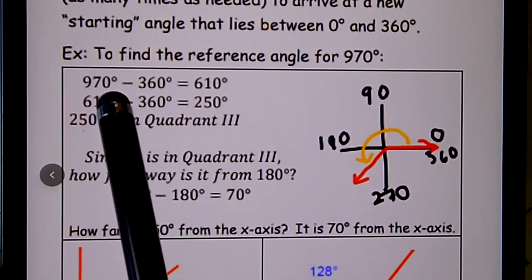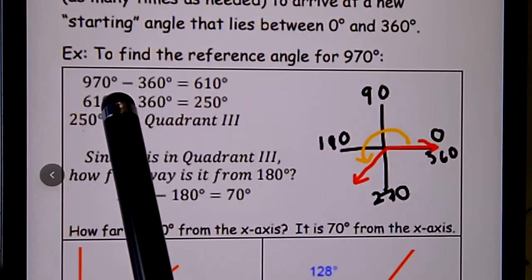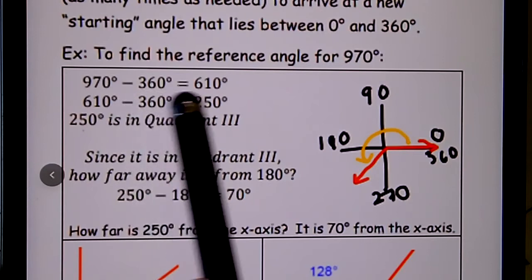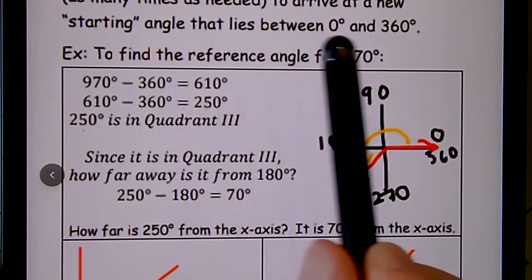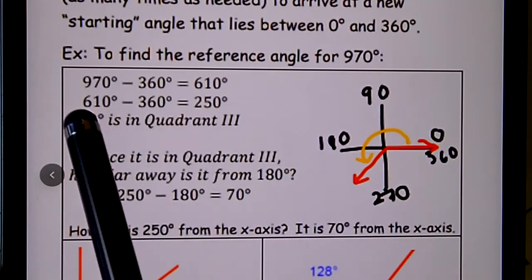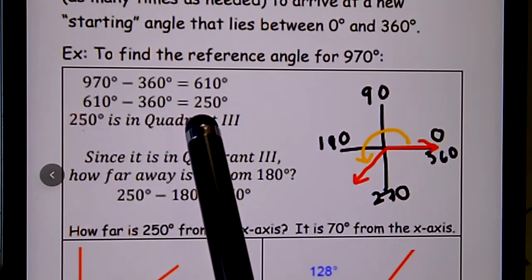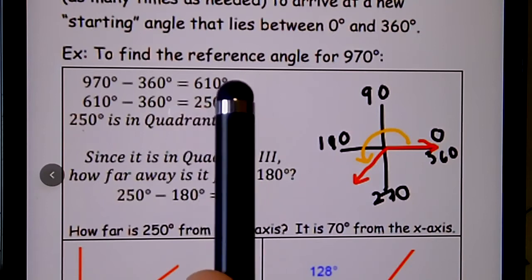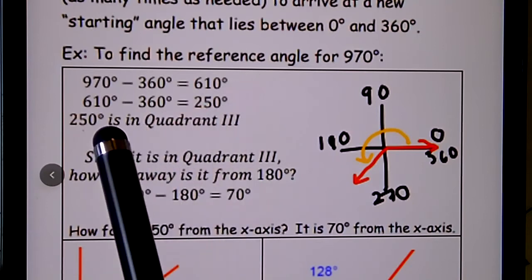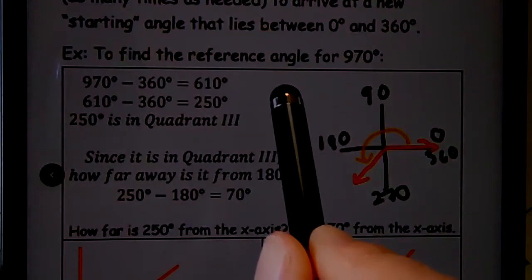So if I wanted to find the reference angle for 970, I would subtract 360, I get 610, still not in between 0 and 360. I then would subtract 360 again and I get 250, okay? And 250 degrees is in quadrant 3.